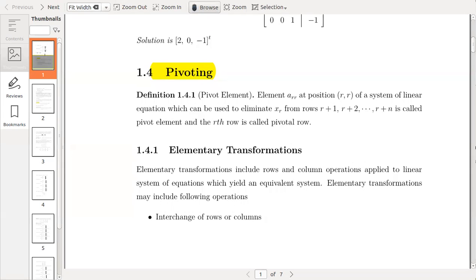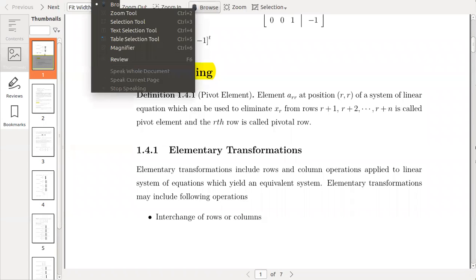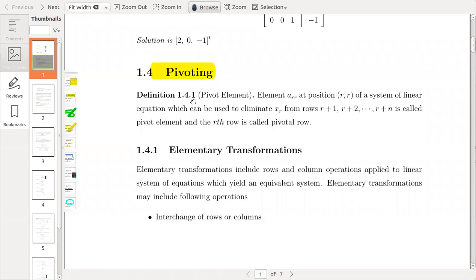So how can we define a pivot element? A pivot element is an element at the position R of a system of linear equations which can be used to eliminate the unknown at the position R for rows R plus 1, R plus 2, and so on up to R plus n.